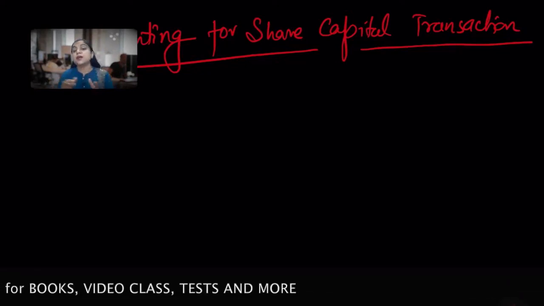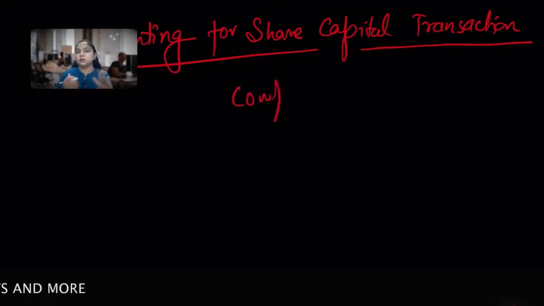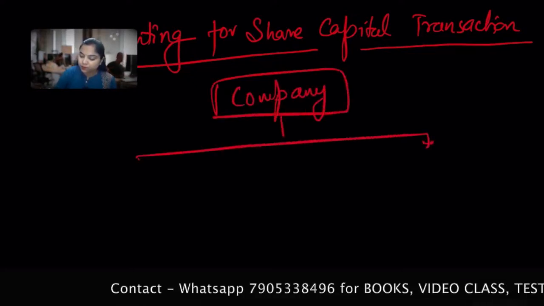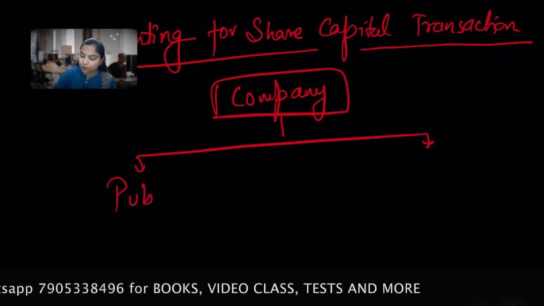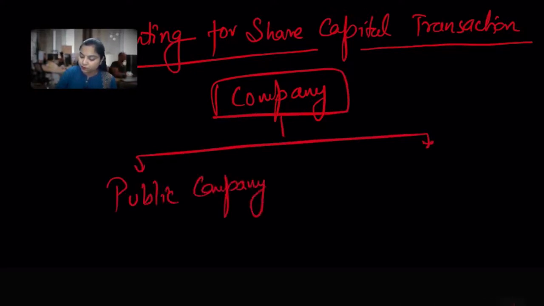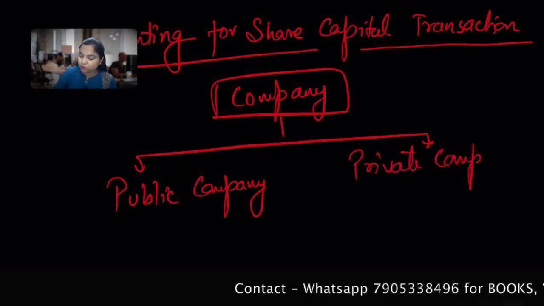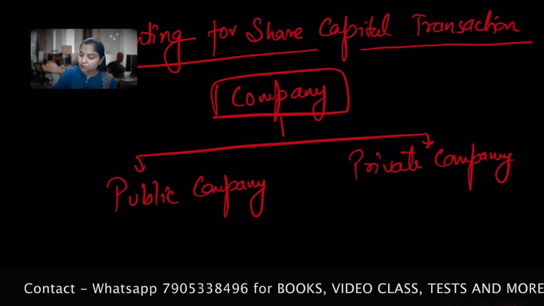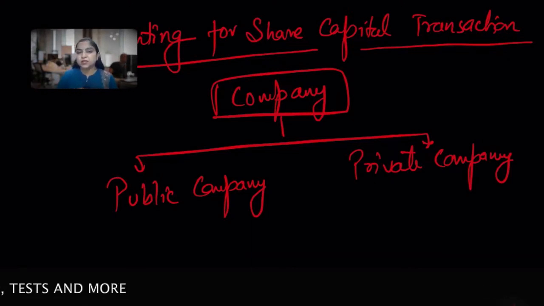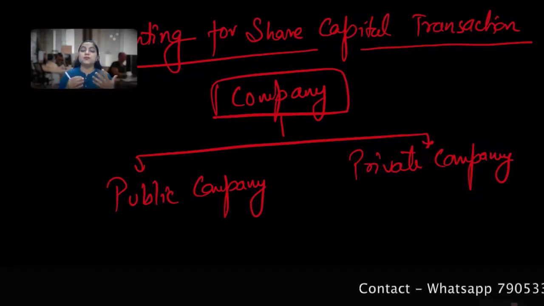So I will just keep on highlighting so that you can recall. Okay, so a public company and a private company, but for these there is a differentiation for raising the capital.